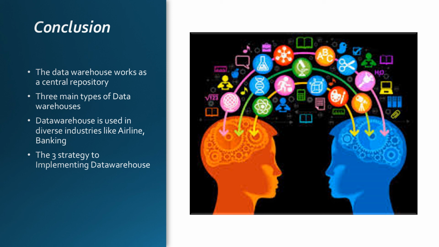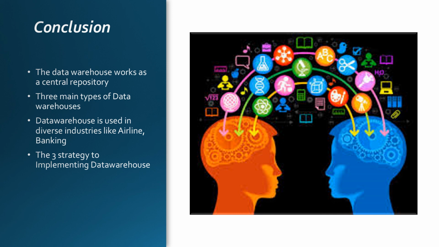In the conclusion, I will talk about the main ideas which we take from today. A data warehouse works as a central repository where information is coming from one or more data sources. The three main types of data warehouse are enterprise data warehouse, operational data store, and data mart.